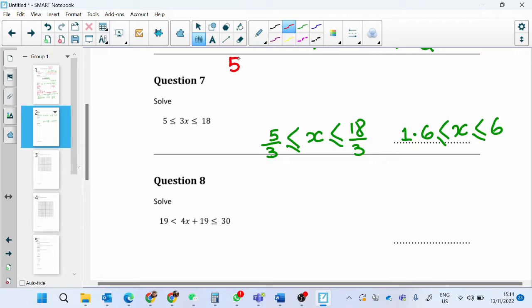So that will be 5 is smaller than or equal to 3x, and then 3x is smaller than or equal to 18.